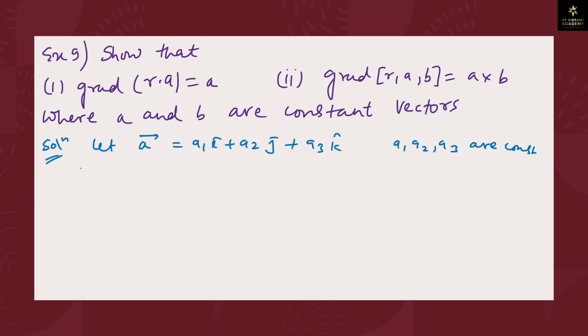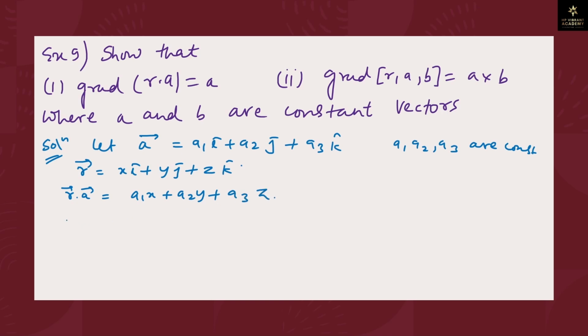Okay, and let us take r vector as x i cap plus y j cap plus z k cap. So r dot a will be a1 x plus a2 y plus a3 z.